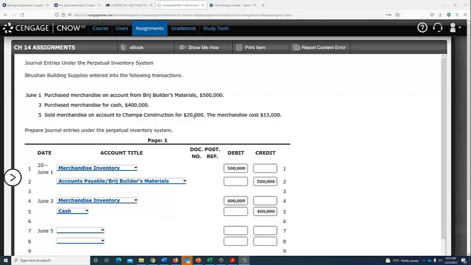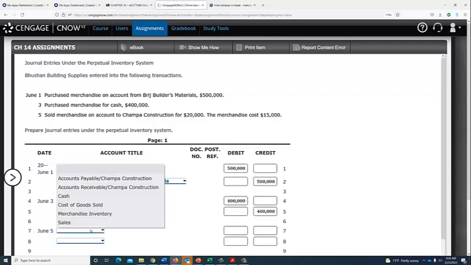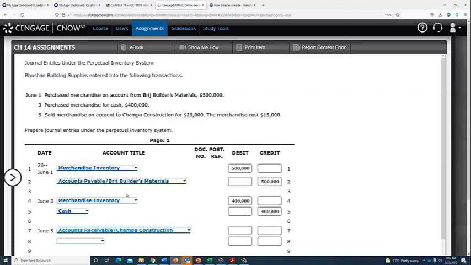The sales price was $20,000 and the cost of the merchandise was $15,000. So the first thing we're going to do is enter the sale. That's the same whether it's under the periodic or the perpetual system. Debit accounts receivable, credit sales at the sales price.